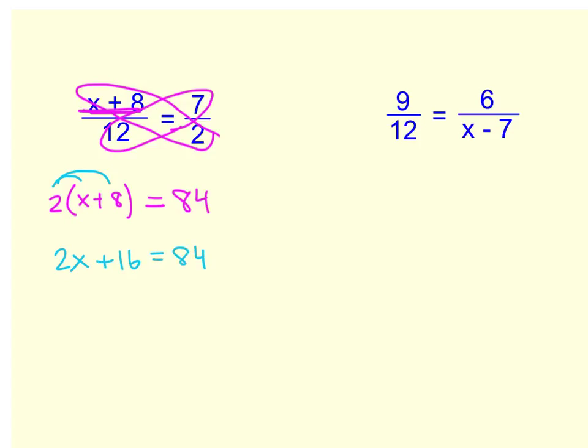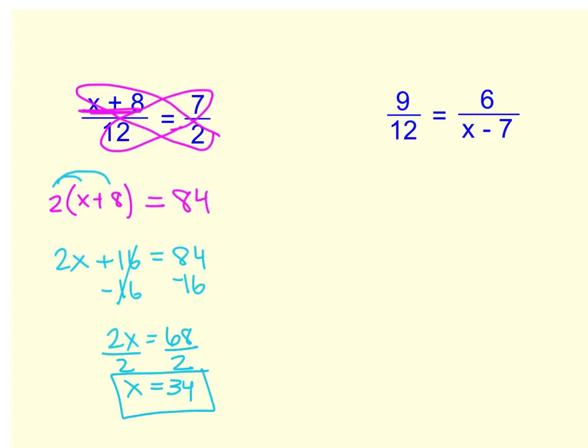And now we're solving a two-step equation. We're going to start by subtracting 16 from both sides. Carry down your 2x equals 68. And then last step, divide both sides by 2. So x equals 34. All right, not too bad, right?